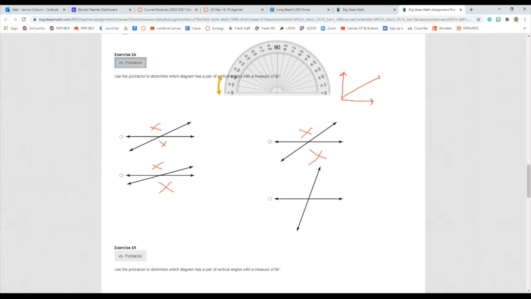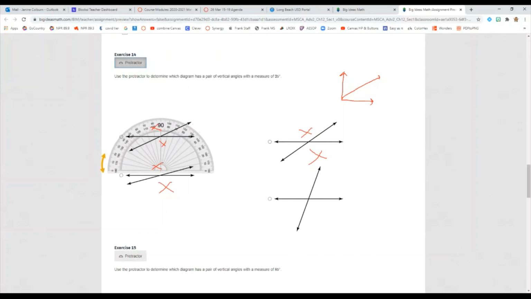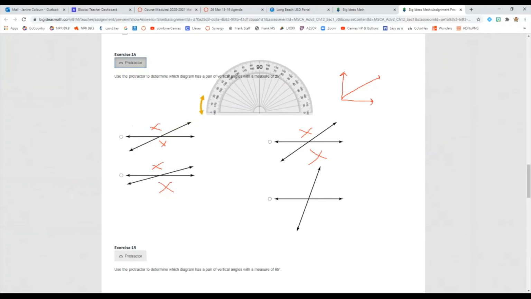Let's check this one just to make sure. I'm going to line up the vertex with the crosshairs, make sure that this ray is lined up with the 0. And then I'm going to follow it up, 10, 15. So this is only 15 degrees. So I'm not even going to mess with this one because I know that one's too much. So this is 15 degrees. This is 35 degrees. This is my 25-degree angle.